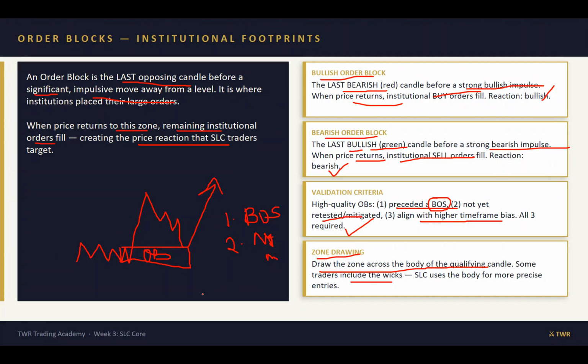An order block is like a shop, where institutions place their inventory. So when price comes back to the shop, they sell more inventory or buy more of it, and price reacts. The price reaction is not a coincidence. It's like a business.